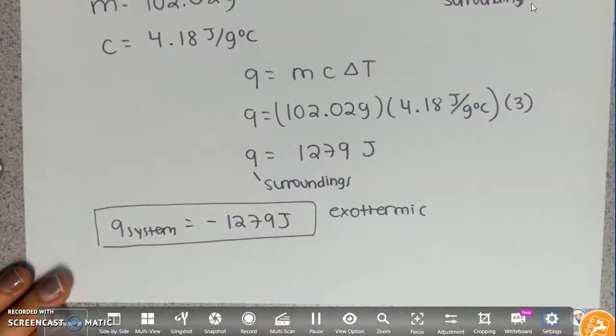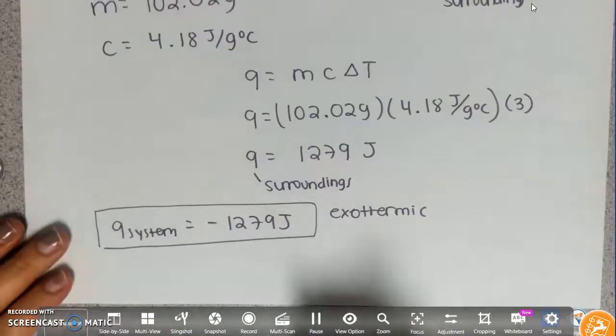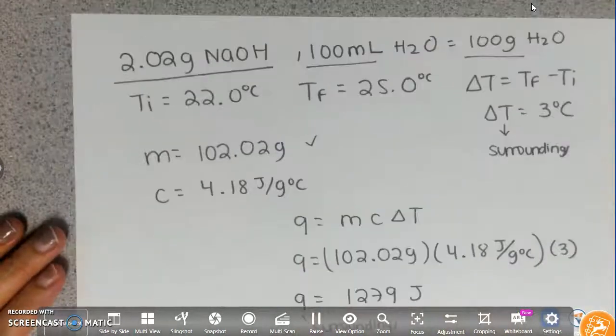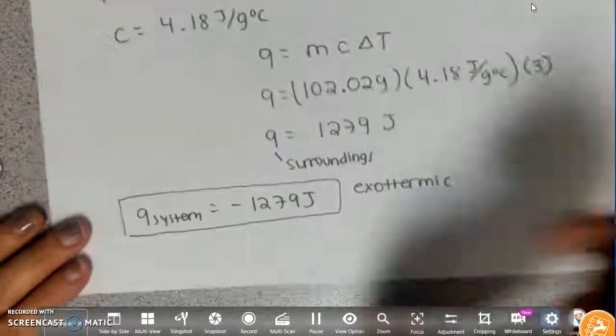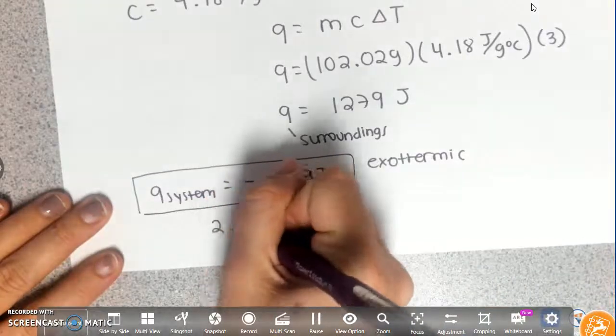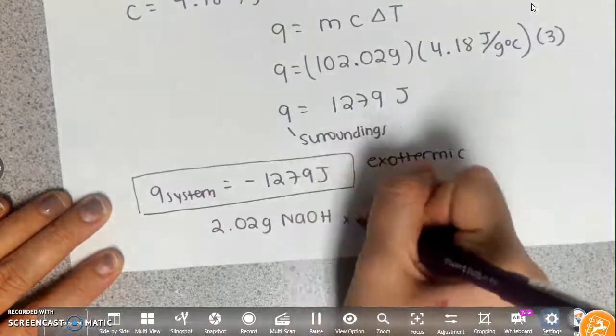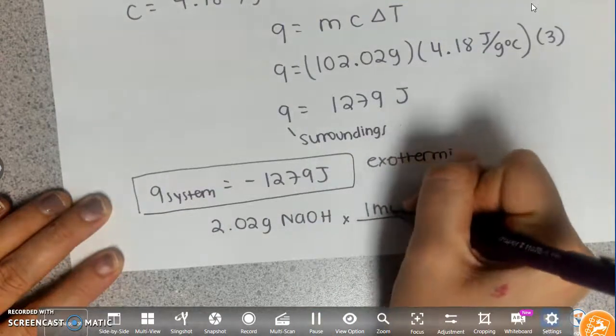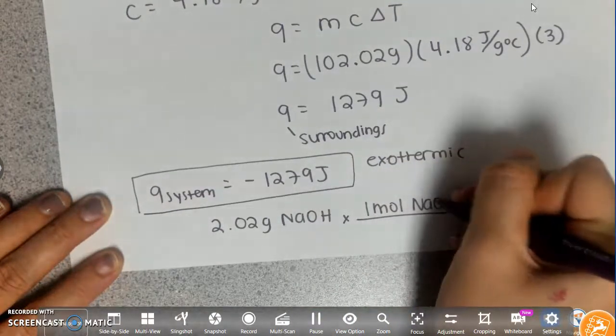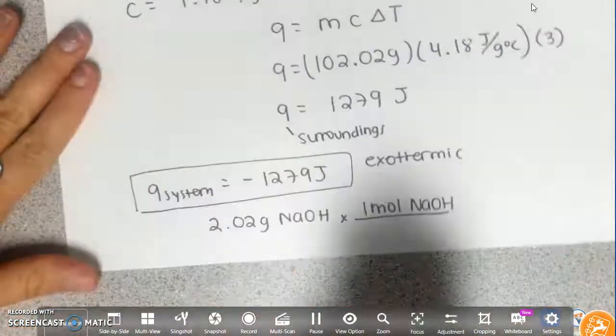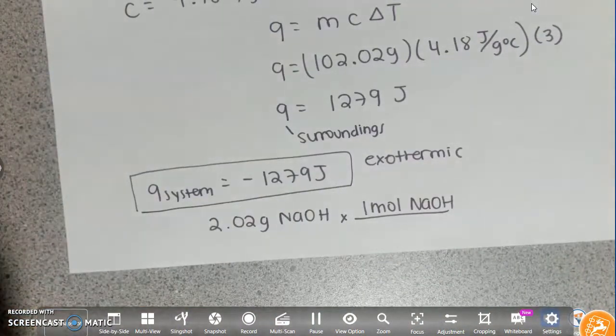Okay. And then 11, calculate the moles of NaOH. So in my example, I had 2.02 grams of NaOH. To go from grams to moles, you need to use your periodic table. And so sodium is like 22.99, oxygen is 16, hydrogen 1.008.